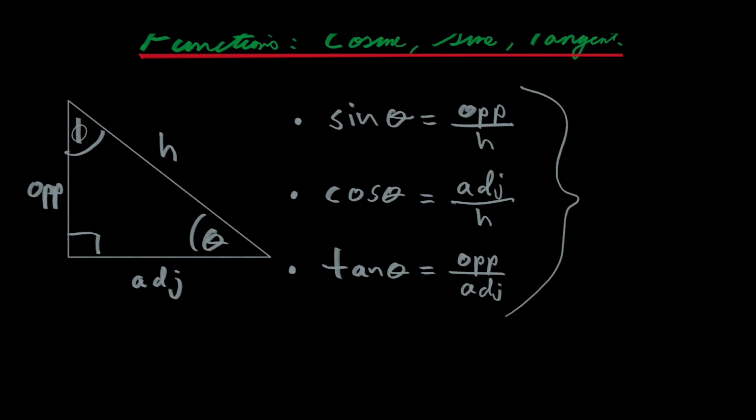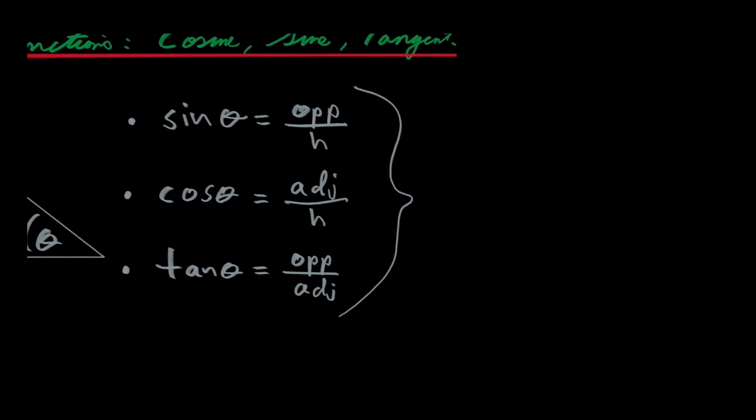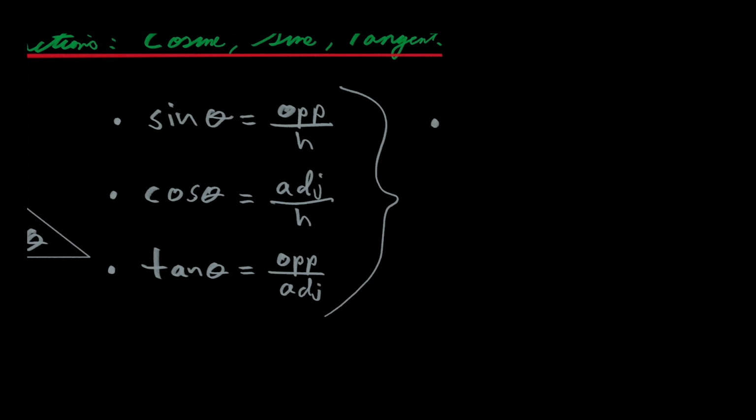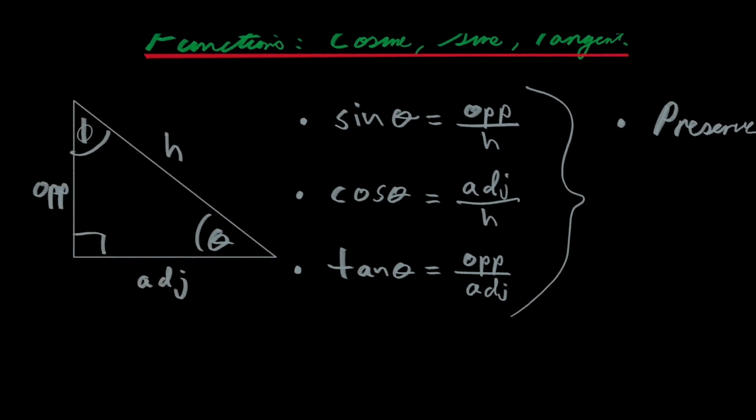So if we are going to extend the definition or come up with a new definition for them, what we're going to have to do is at least two things. We need to preserve these three, so our new definition must respect these three relationships in right angle triangles.